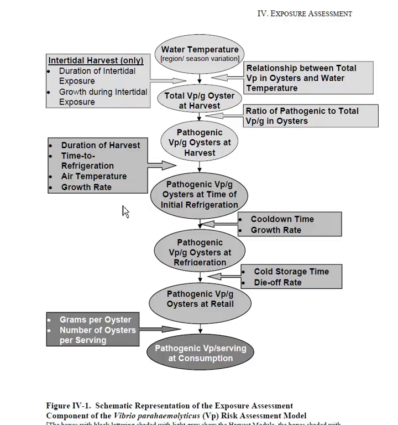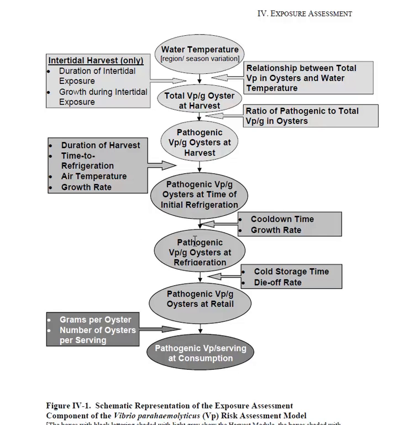So they go into refrigeration at some point, and the cool down time is going to vary from one boat to the next. Some people might use ice, others might have refrigeration units. Some people will use a lot of ice, some people will use not so much ice, so the cool down time is going to vary. And while the oysters are cooling down, the Vibrio continue to grow.